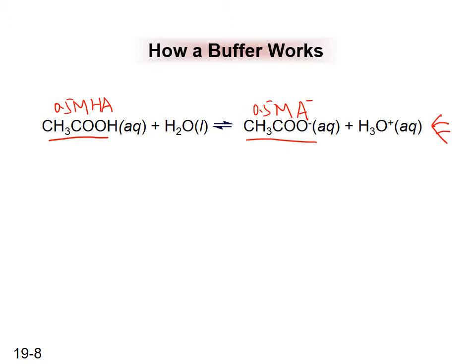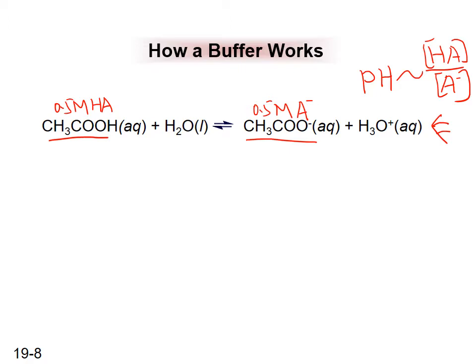The pH value of this solution is determined by the relative number of this acid and its conjugate base. In fact, we'll show you an equation that the pH value is determined by the ratio of HA and A minus, the acid and the conjugate base. It's the ratio that determines the pH value.